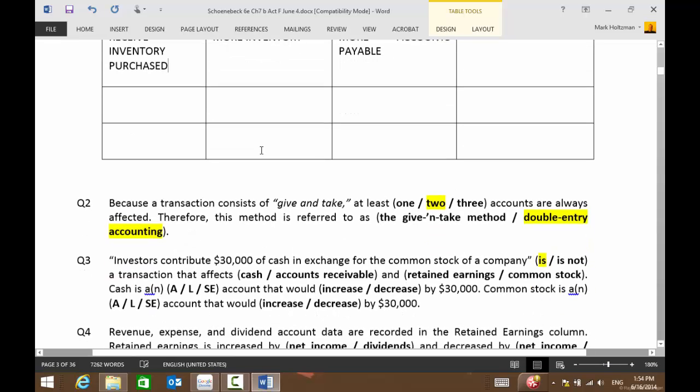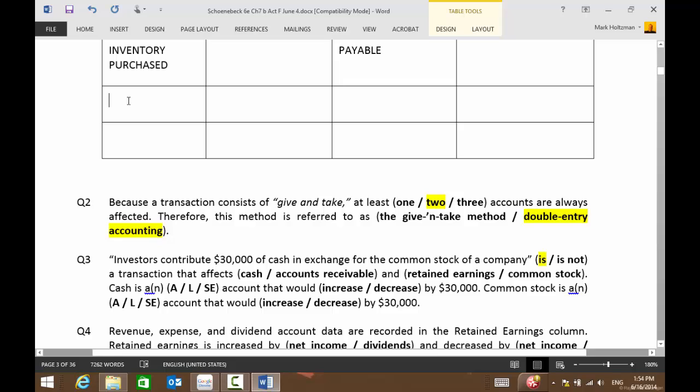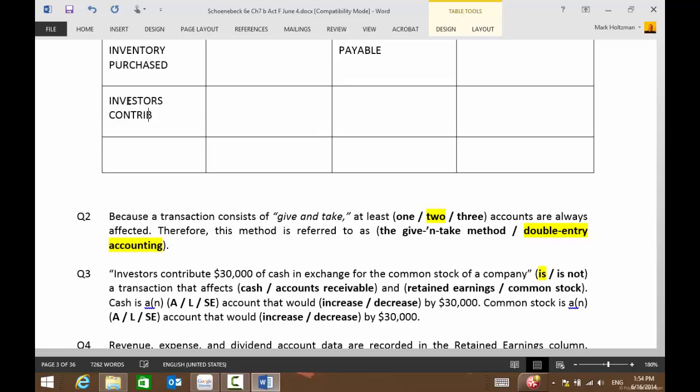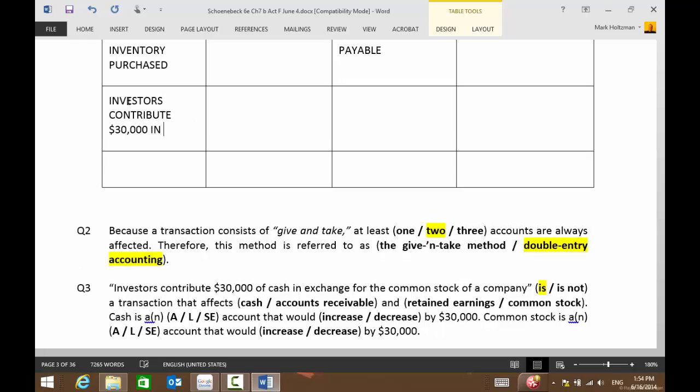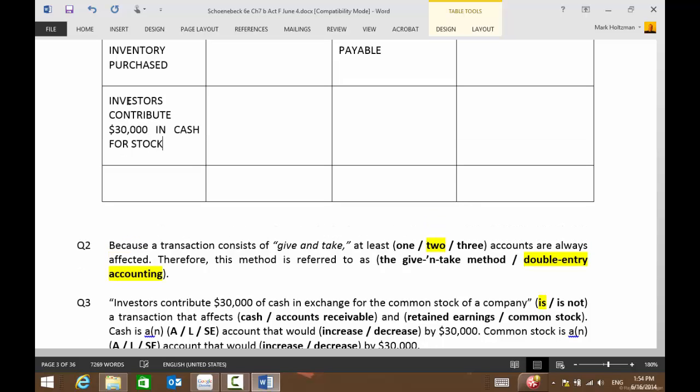So one account would be, let's put it over here, stockholders' equity or common stock, as part of contributed capital.